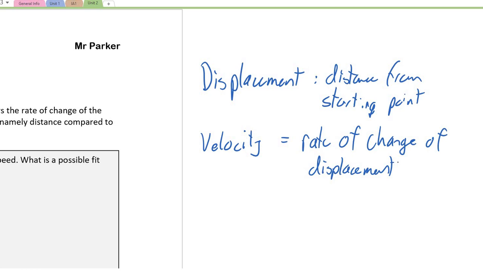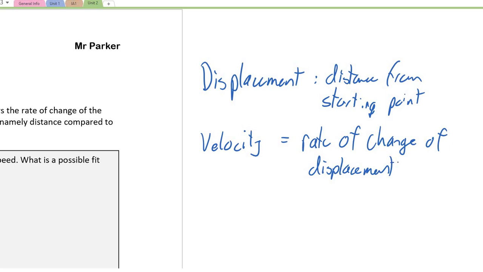If velocity is a rate of change, if I gave you a function for displacement, how could we find the velocity? Over time. We could do a graph or something, figure it out over time. With what we've learned, what's a derivative? It just shows you the rate of change of something.